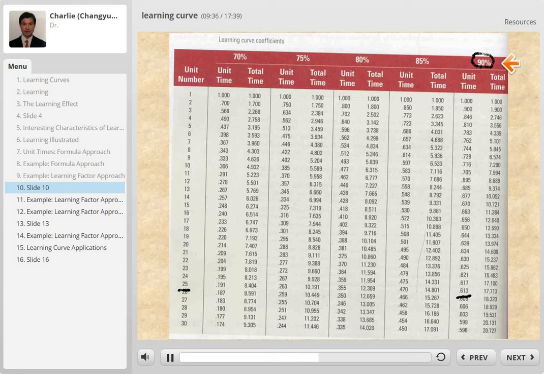So we look in this column, unit time. When the unit number equals 25, the factor we're going to use is 0.613. Remember this number because we're going to use it right away.